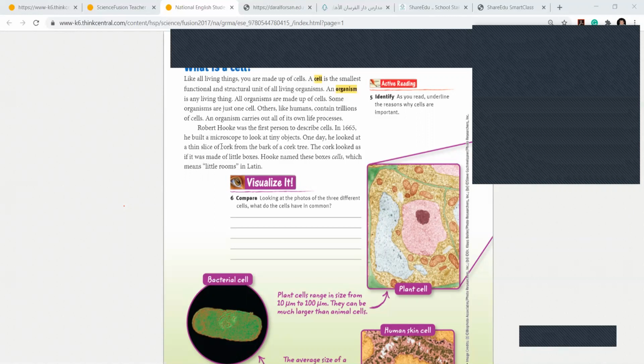When those tiny cells combine, they become tissue. When tissues combine, they become an organ. And when organs combine, it becomes an organ system. And then from organ systems, it becomes the organism.